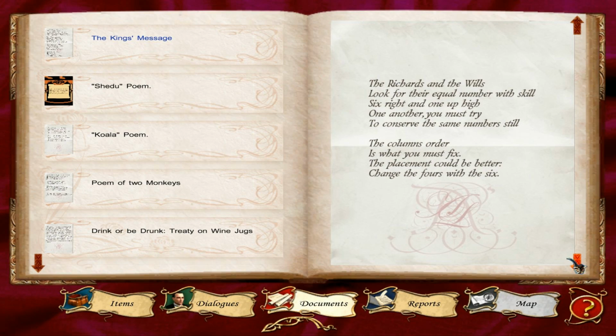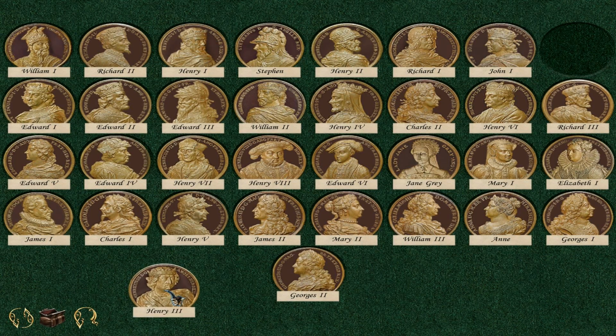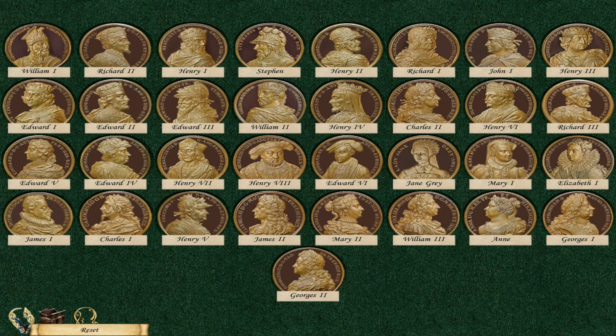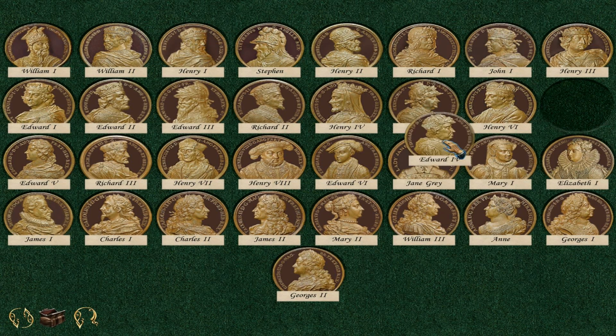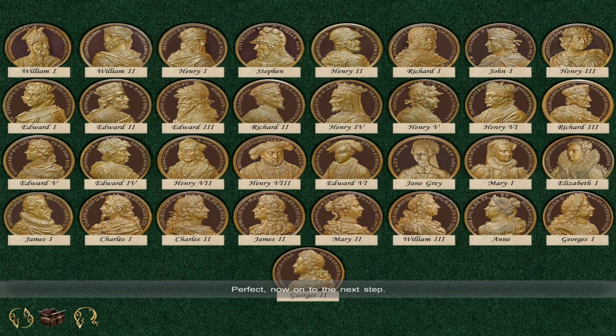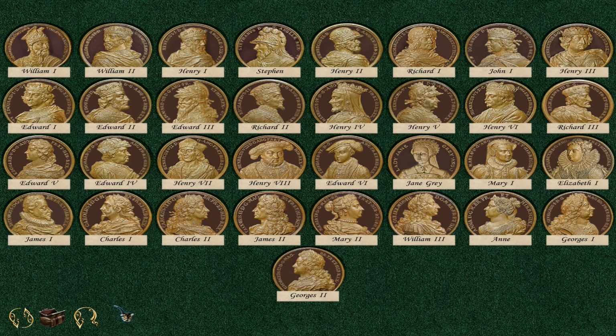Right. The columns order is what you must fix. The placement could be better. Change the 4s with the 6. Oh, what? No, I don't want to pick him up. Right, reset. This was right. Perfect. Now on to the next step.